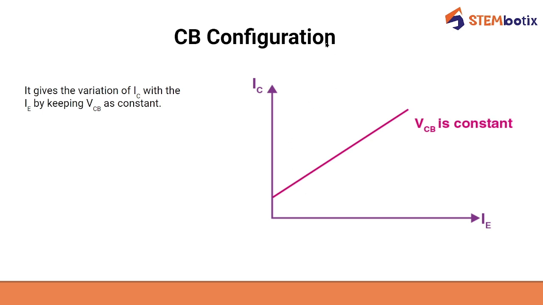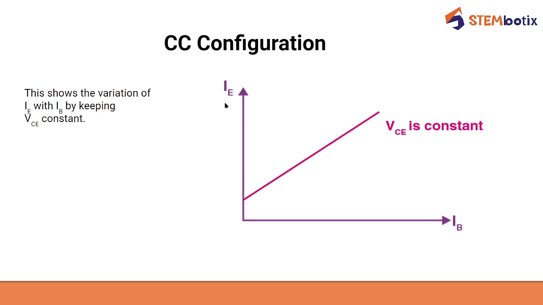It gives you a plot between the collector current and emitter current, while keeping the voltage VCB constant. So when you keep VCB constant, the graph of IC versus IE gives you the current transfer characteristics for the CB configuration.